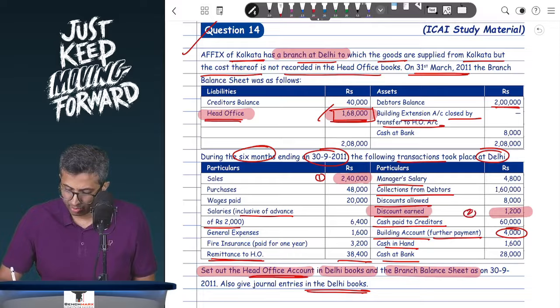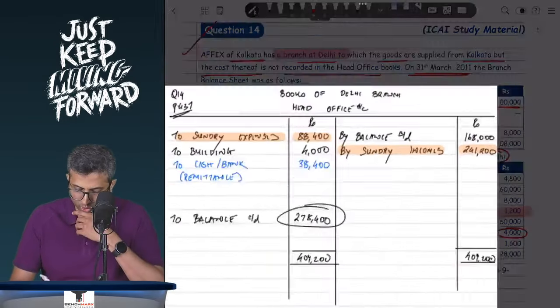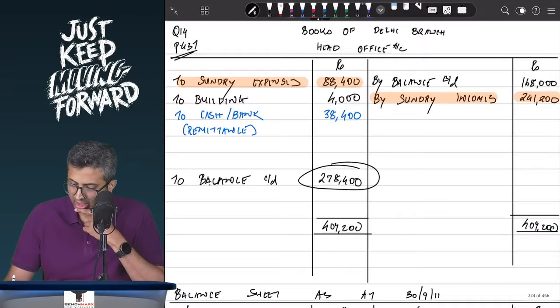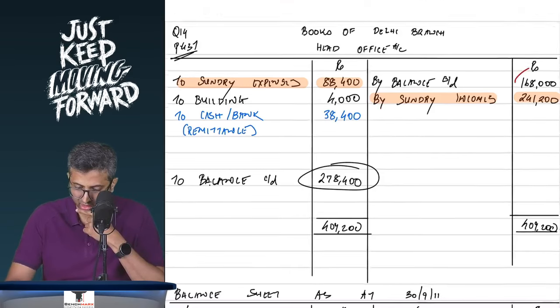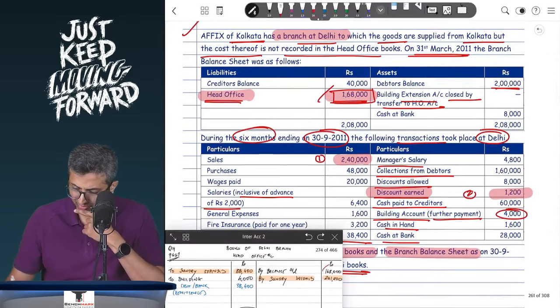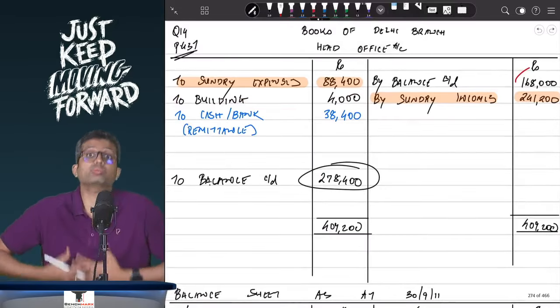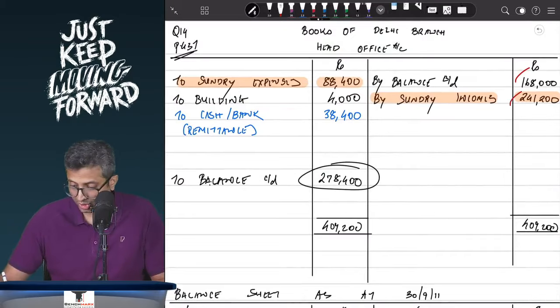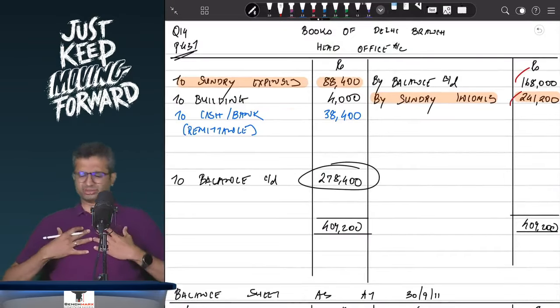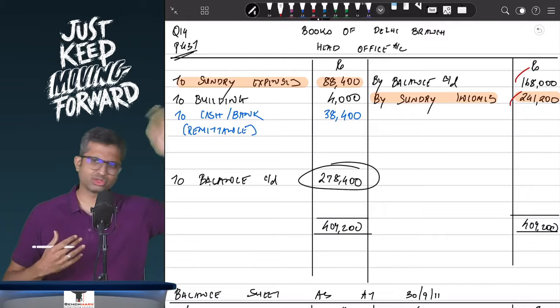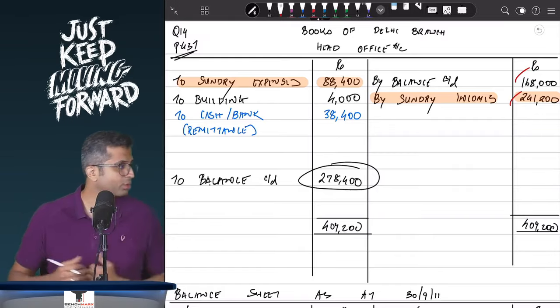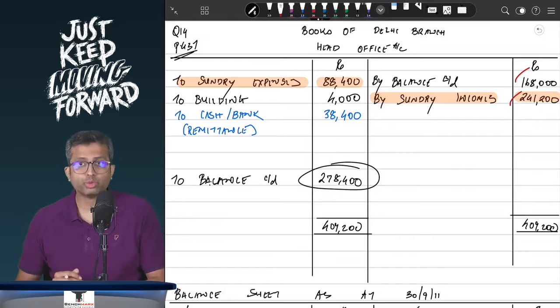So both of these, if we go to see question number 14, you will have 168 credit and 2,40,000, which is on sales, and 1,200. So 2,40,000 and 1,200, 241,200. We are saying that this is more that is due to the HO. Whatever I earn, I'm branch of the HO. Whatever I earn, I have to give to the HO, and hence 241,200 over here.